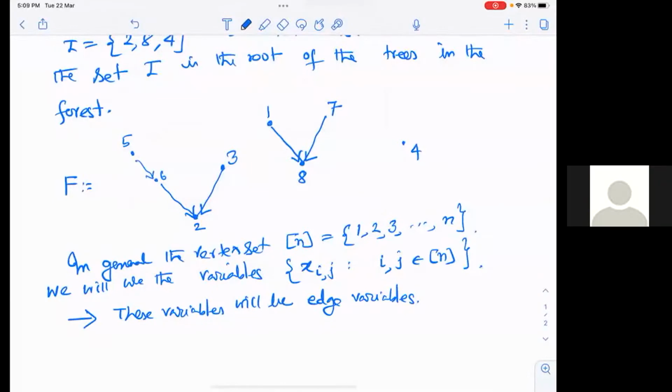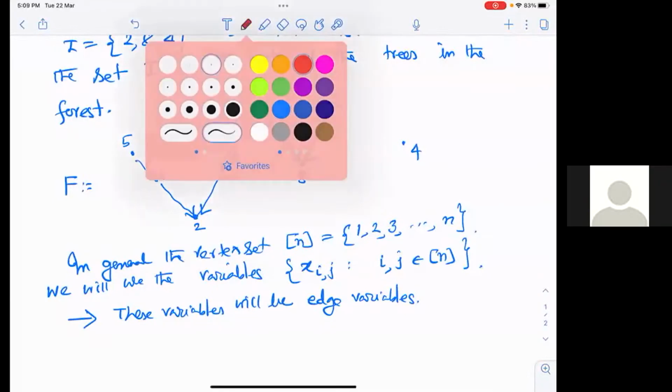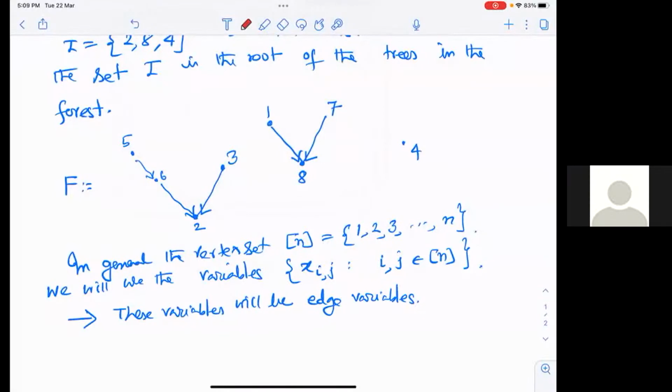Whenever I'm touching it with a different color, it is disappearing. So this edge I will label by x56. The edge 6 to 2 I will label by x62. This I label by x32, this by x18, and this by x78.